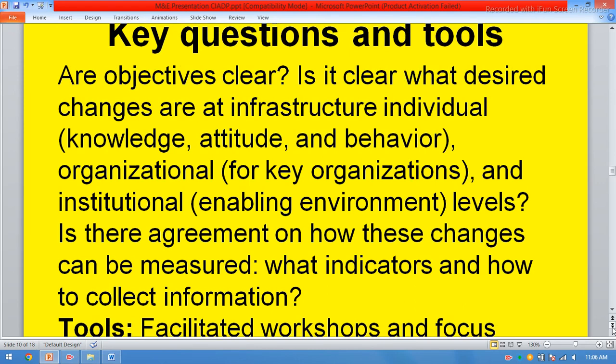Key questions and tools. Are objectives clear? Is it clear what desired changes are at the infrastructure, individual knowledge, attitude, and behavior, organizational for key organization and institutional enabling environment level?